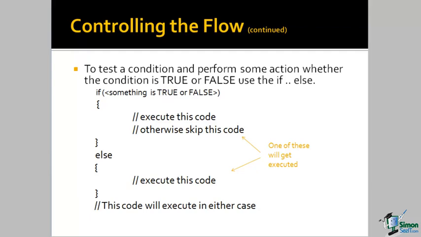If it's not met, then everything within the else block braces will execute. And then once either of those execute, one of them is going to execute. Once one of them executes, the code following the if construct executes.